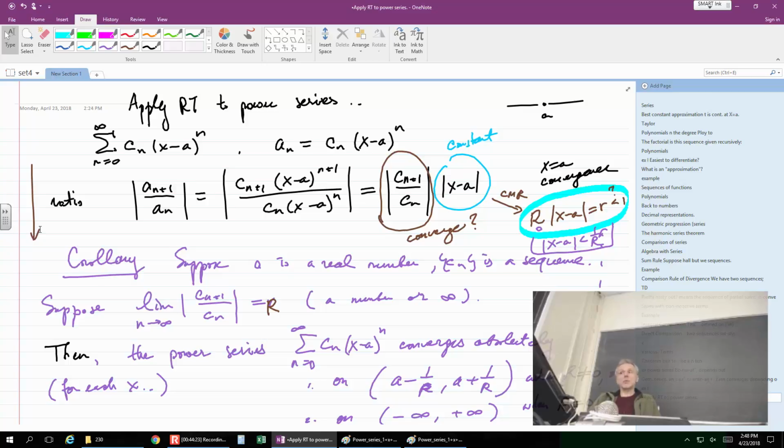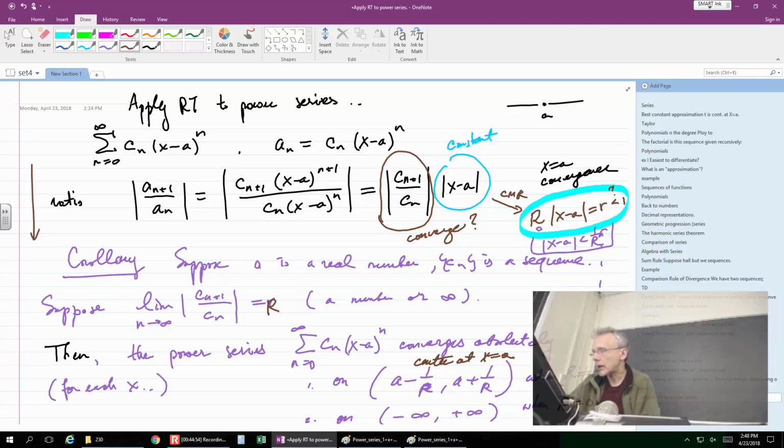That interval may be infinite both ways, but it cannot be something like from 1 to infinity. It is symmetric around A, centered at x equal A. You make a step to the left and to the right of the same length, which could be infinite, so you have the whole line. Or it is not infinite, and then you have an interval centered at A.